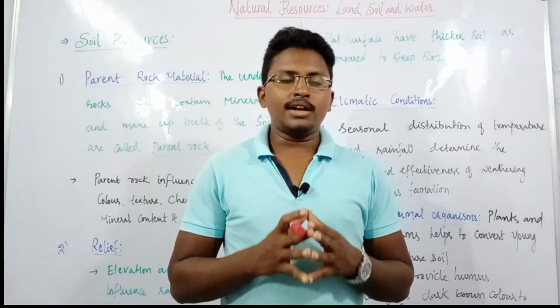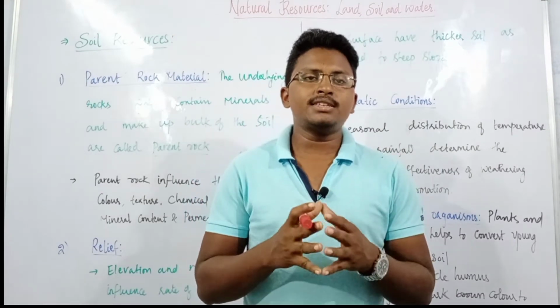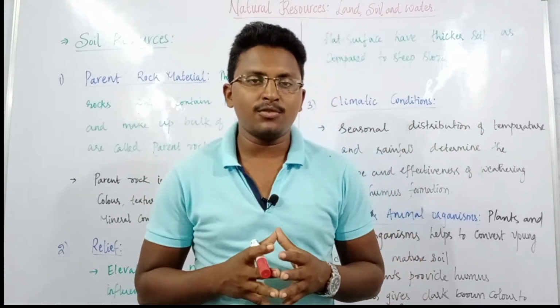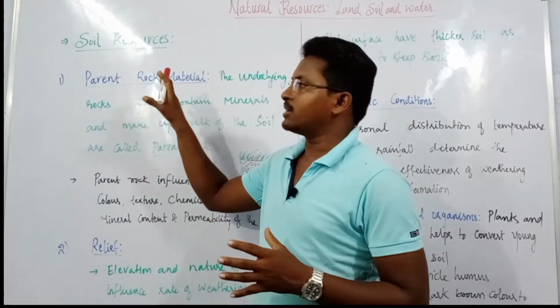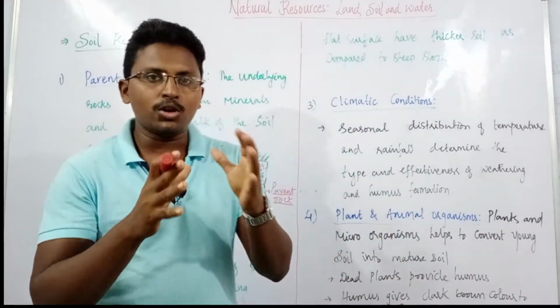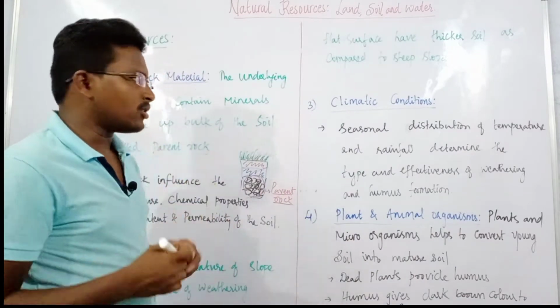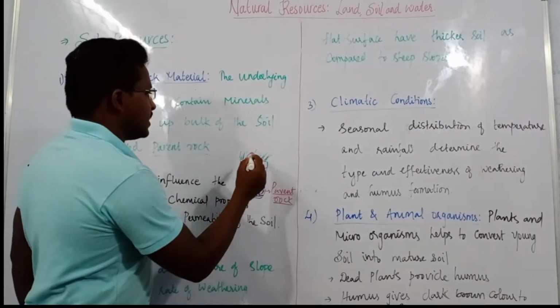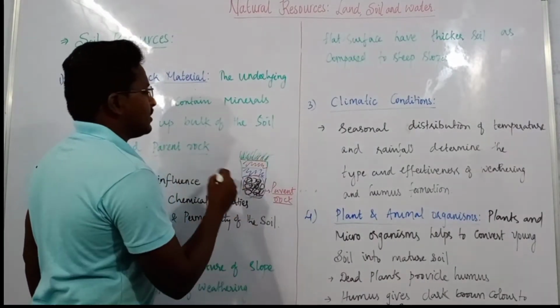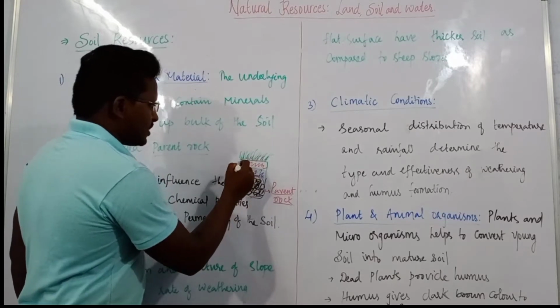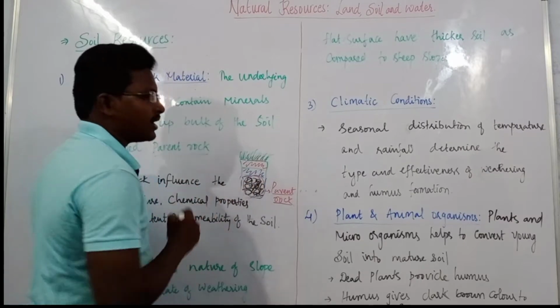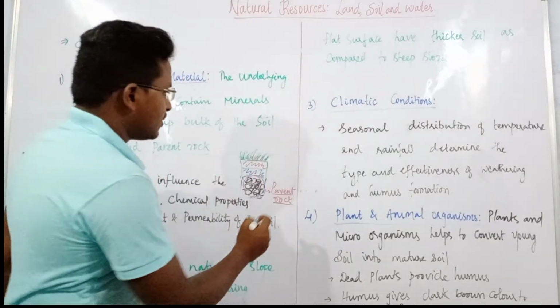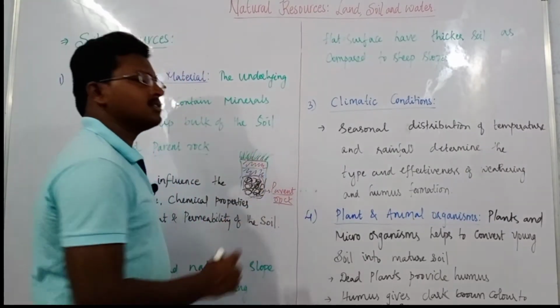Now let us discuss in detail each and every factor that is responsible for the formation of soil. The first and very important factor is parent rock material. What do you mean by parent rock? Just imagine that this is the top layer of the soil, and whatever type of rock is found under this top layer deep inside the earth, we call that parent rock.